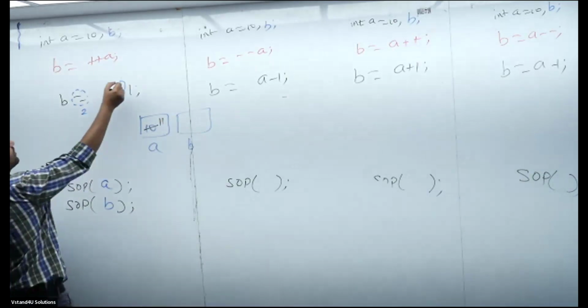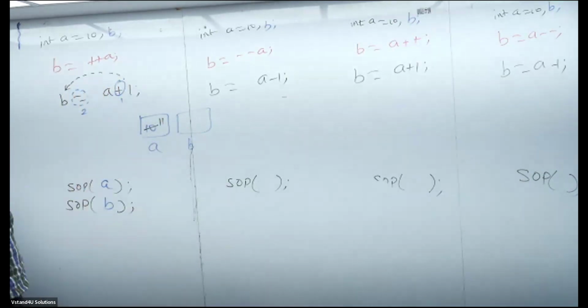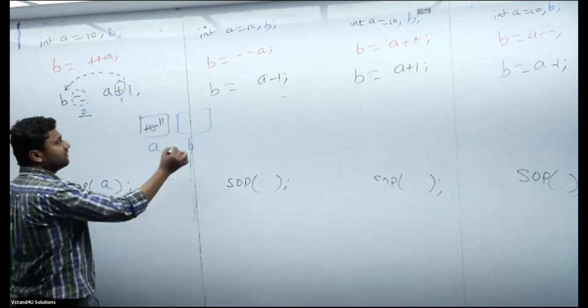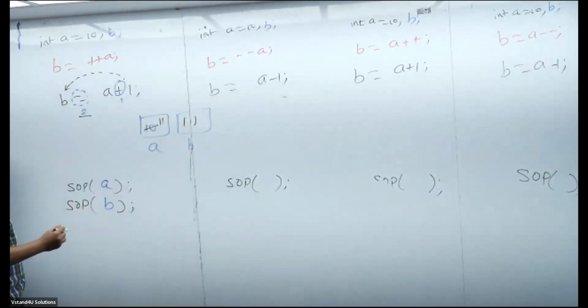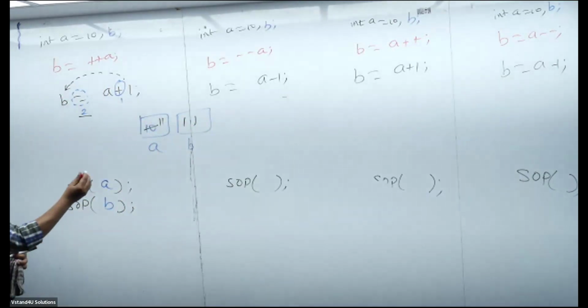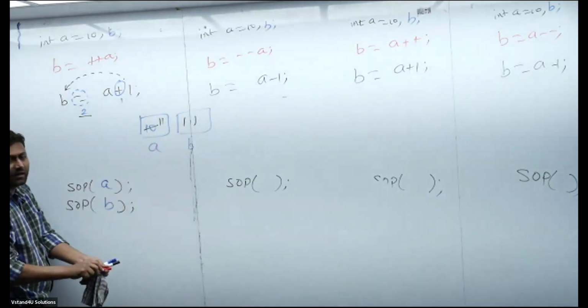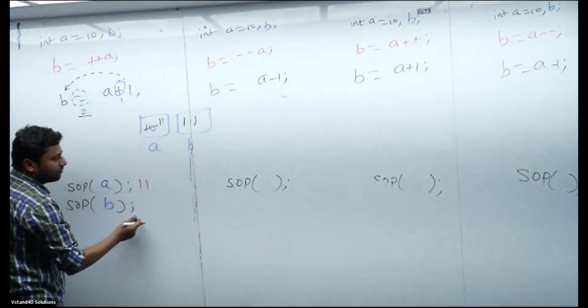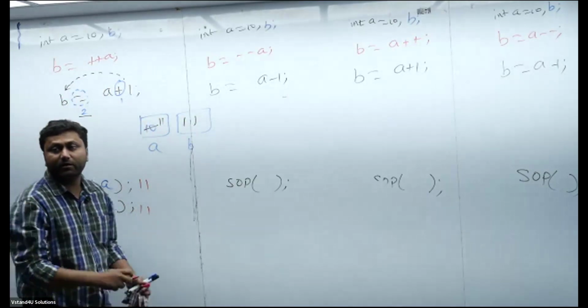This value 11 you are storing in B. That is the second operation. So B will be initialized with the A value. If I print the A value and B value, both are 11. Are you getting my point?